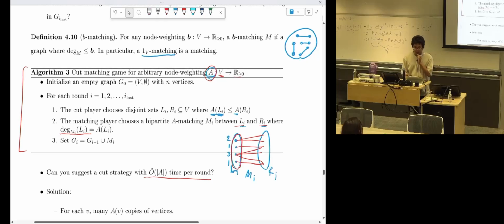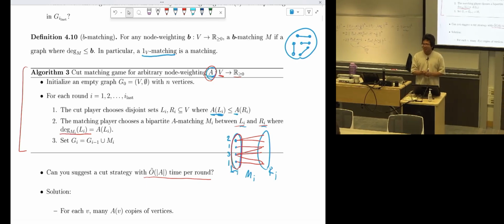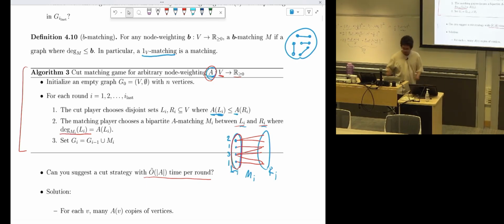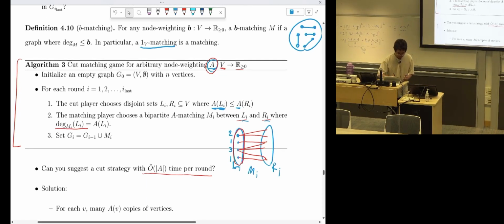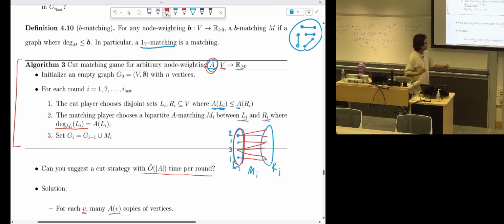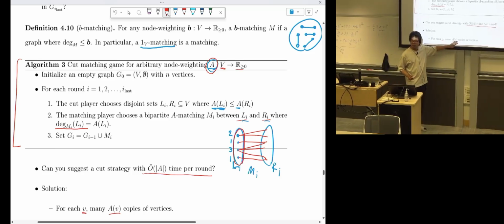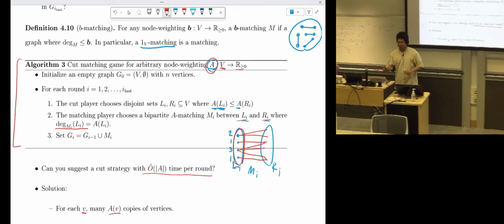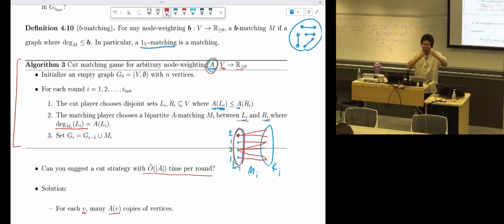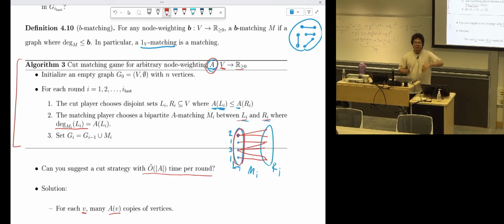But the idea is this. The idea is to reduce to what we have seen before. For every node V, let's say that you make AV copies of the vertex. If this node has weight 2, split it into two nodes.